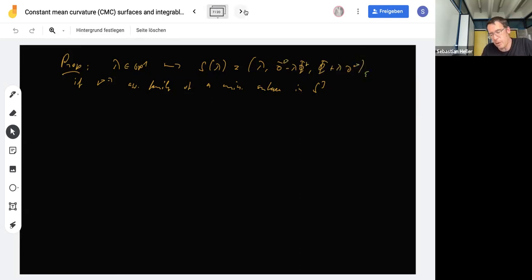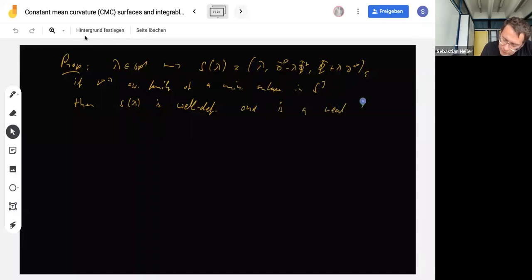So if our family of flat connections is associated to a minimal surface in S3, then this section S of lambda is well defined, extends to lambda infinity, and is a real holomorphic section. So what does it mean?